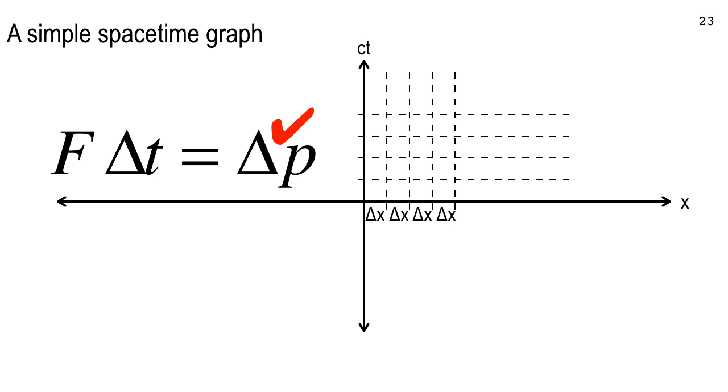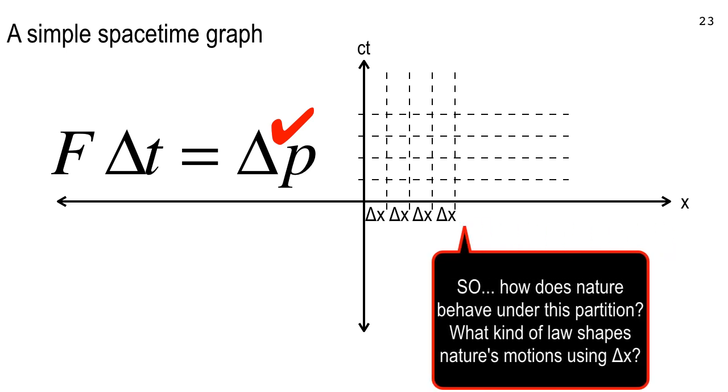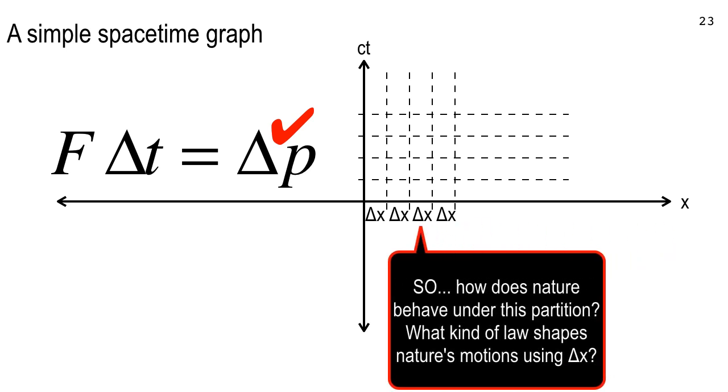So the question now is, how does nature behave under this partition? In other words, with delta x's, what kind of law shapes nature's motions using delta x's? I mean, for delta t's, we got the impulse equation, and we've used it several times. Is there something for delta x? And the answer to that is, yes, there is.